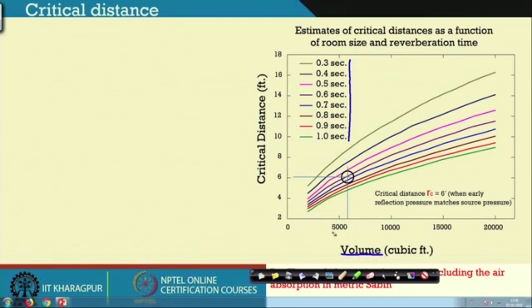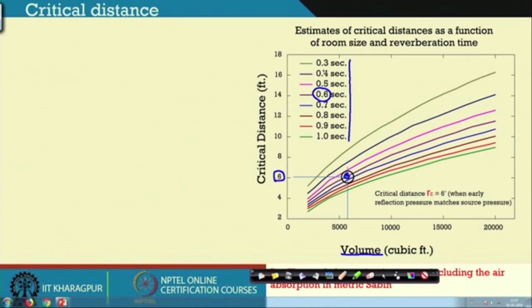So, you see 5,000, 10,000, 15,000, 20,000, and if we consider classrooms, our desired RT will be 0.4 to 0.6, 0.8, which we had already discussed earlier. So, here you see it is 0.6. This is the curve which you are going to follow, and you see here the critical distance is 6 feet.